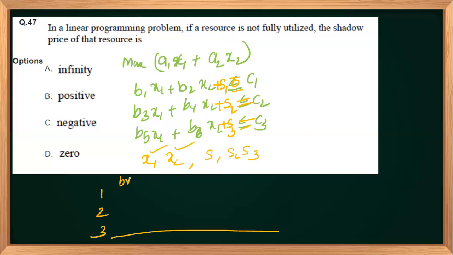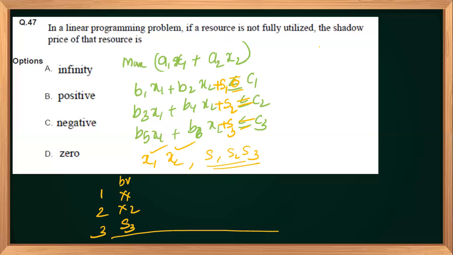X1, x2 will be positive, but one of these will come as a basic variable here. So this will be x1, x2, and let it be s3. S3 will come here. That is inevitable, right? Only in a small chance will this also become 0, but generally it will come.